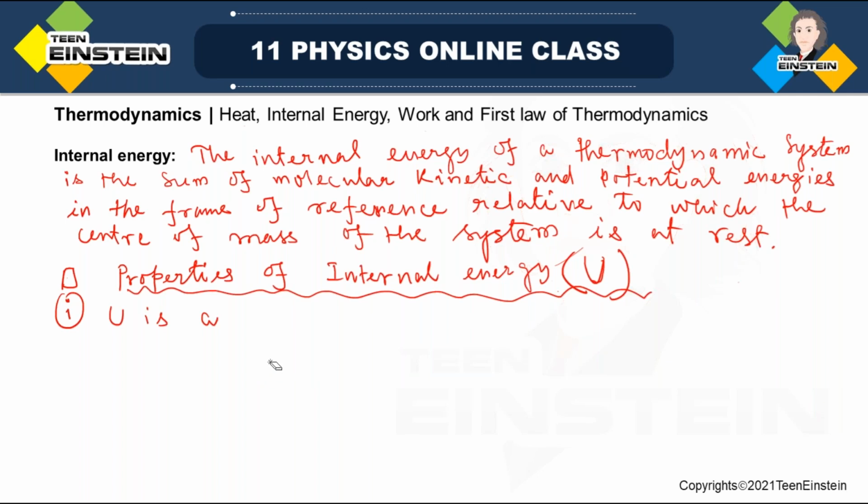Internal energy is a state variable of a system. System means thermodynamic system.